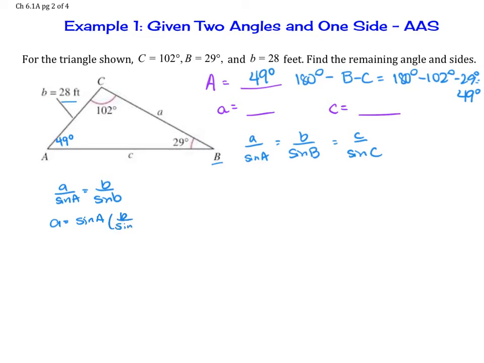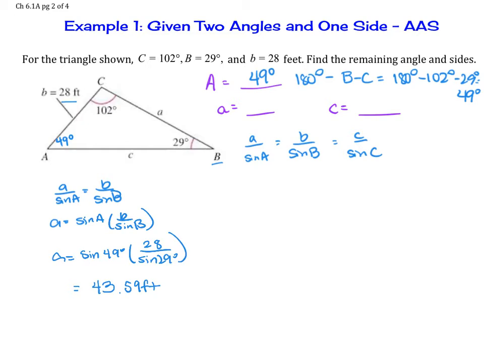So a equals sine of 49 degrees times b, which is 28, over sine of 29 degrees. Then it's a matter of plugging it in your calculator. Make sure you're in degree mode because we do have degrees. When you plug this in, you will end up getting 43.59 feet.